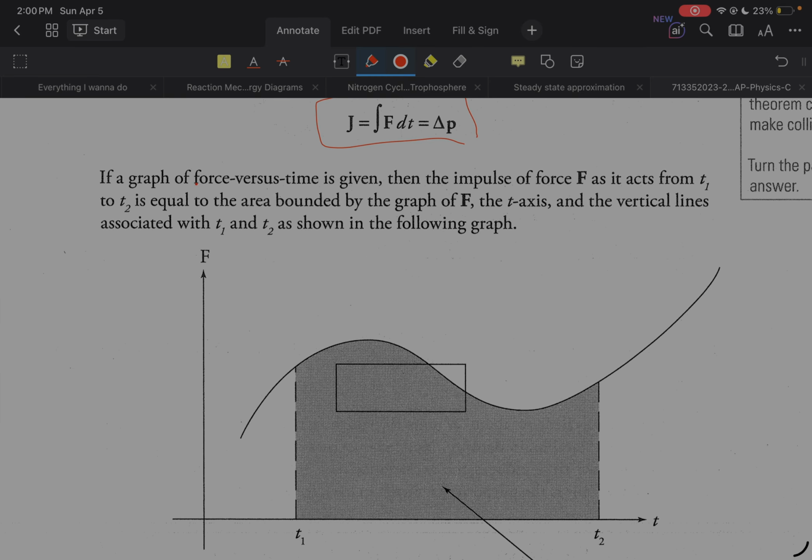If the graph of force versus time is given, then the impulse of force F acting from t1 to t2 is equal to the area bounded by the graph of F, the t-axis, and the vertical lines associated with t1 and t2, as shown in the following graph.